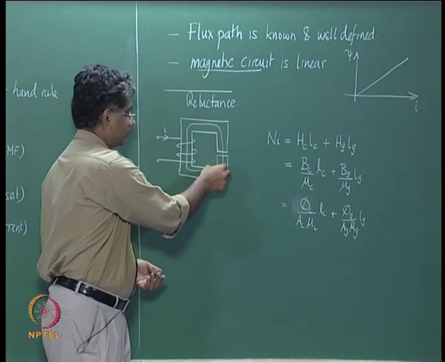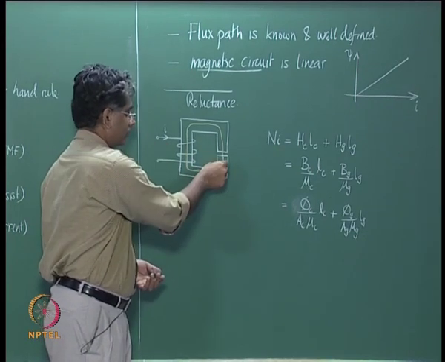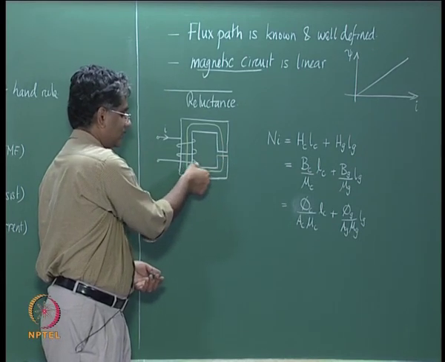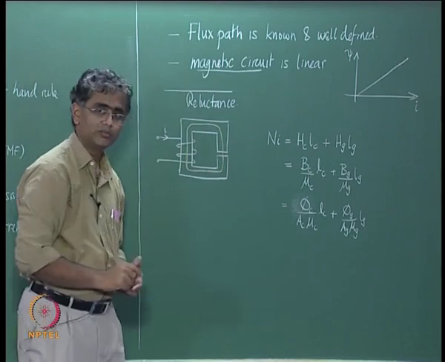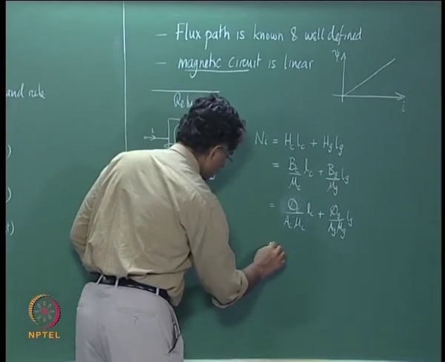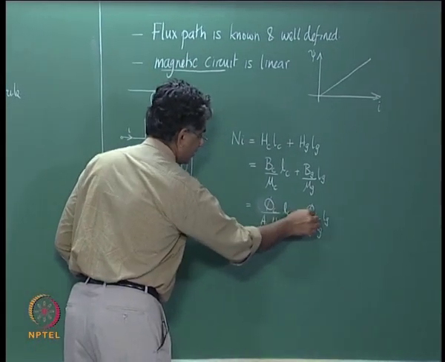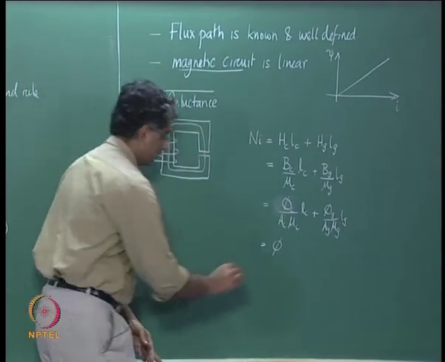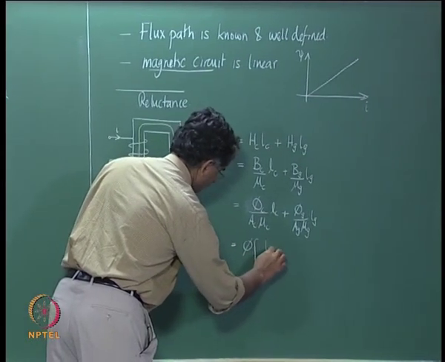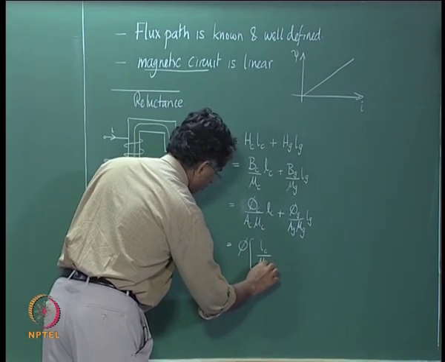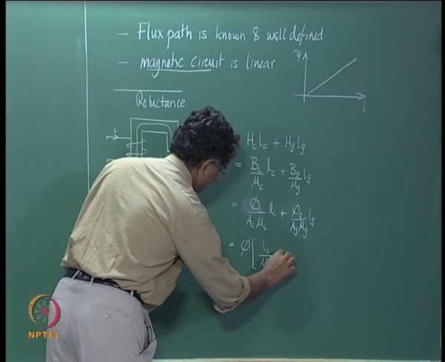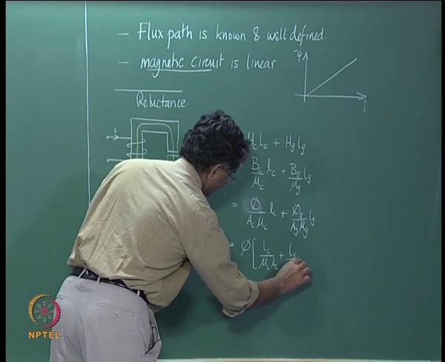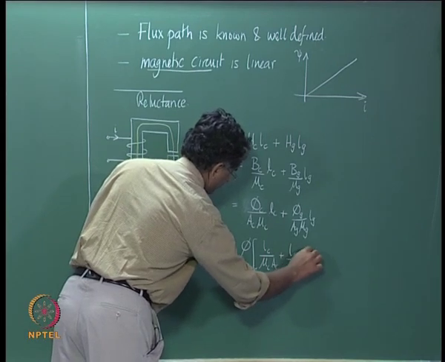So flux that is flowing through the air gap is the same as flux that is flowing through the core, it is all in the same loop, and therefore one can call phi c equal to phi g. Let us take it out as phi, then it is Lc by mu c into Ac plus Lg divided by mu of air gap multiplied by area of the air gap.